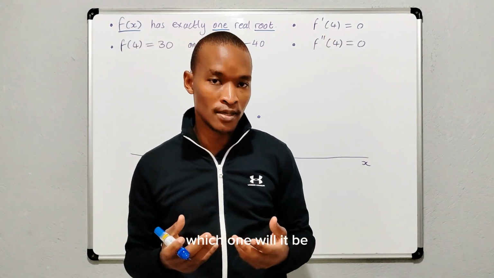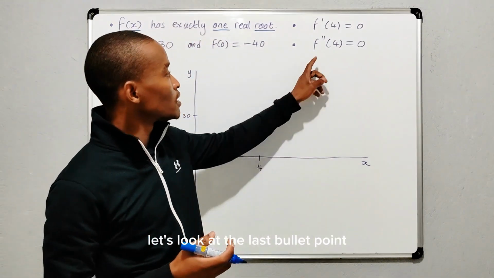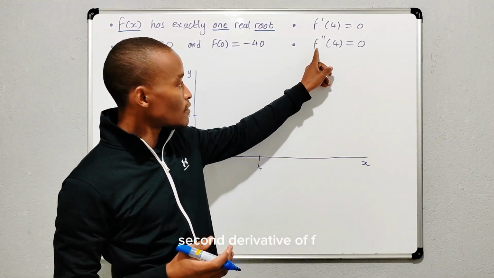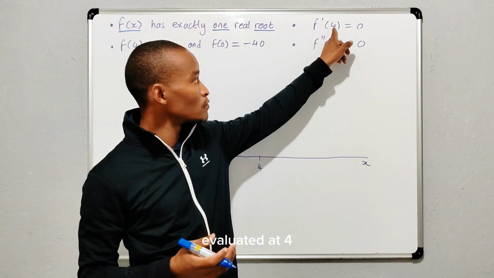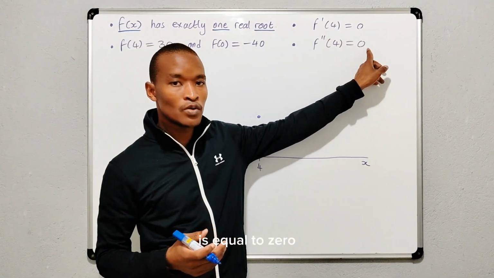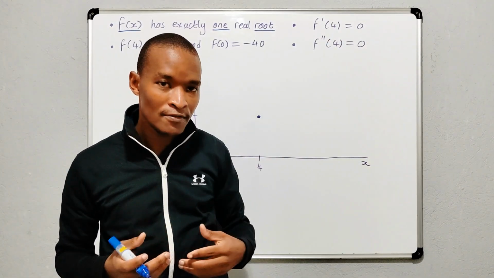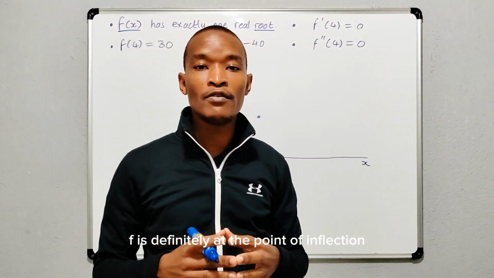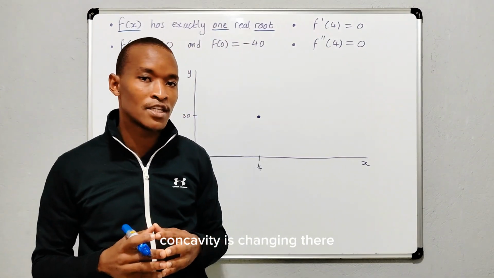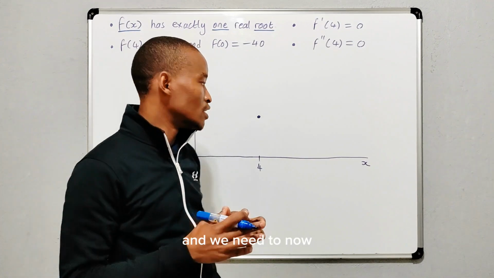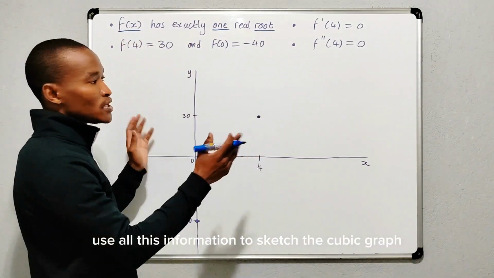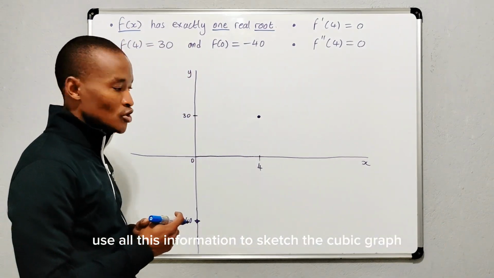Which one will it be? Let's look at the last bullet point. The second derivative of f evaluated at 4 is equal to 0. So f is definitely at the point of inflection. The concavity is changing there, and we need to now use all this information to sketch the cubic graph.